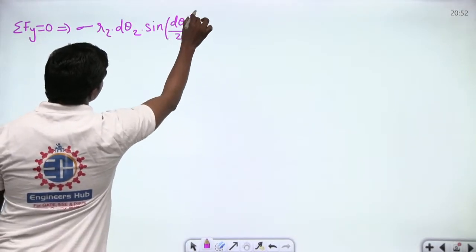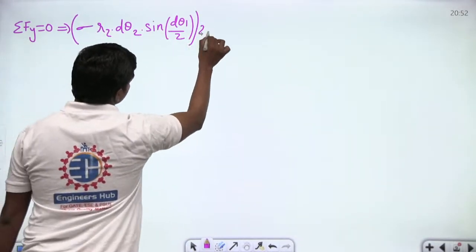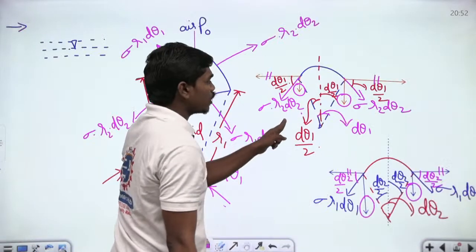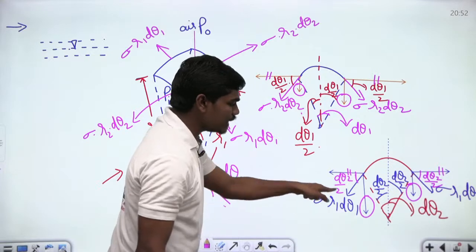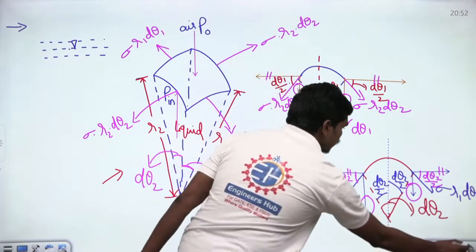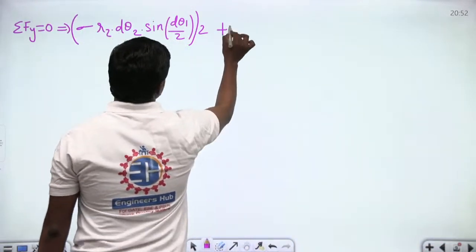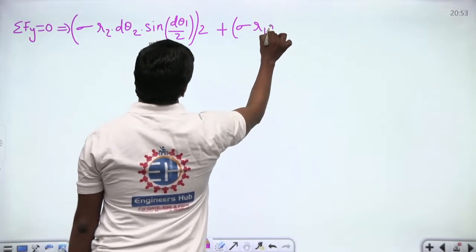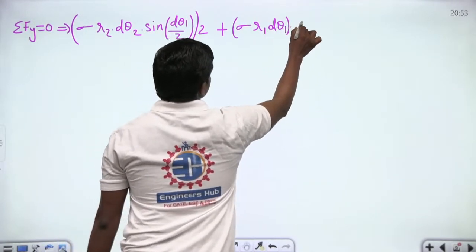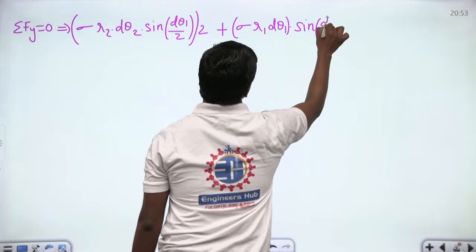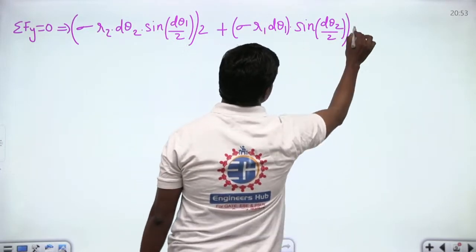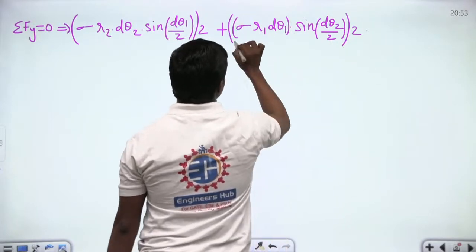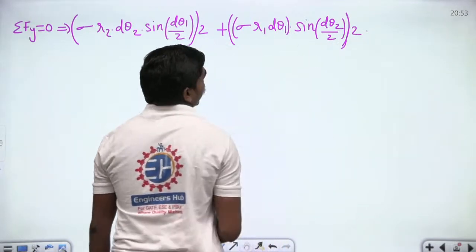And of course, there are 2 components on either side, correct? So there is one component here and also there is another component on this side. Similarly, for this we have sigma r1 d theta 1 into sine d theta 2 by 2, plus sigma r1 d theta 1 into sine d theta 2 by 2. And of course, these are also 2 forces. Correct? We can have these 2 finally.